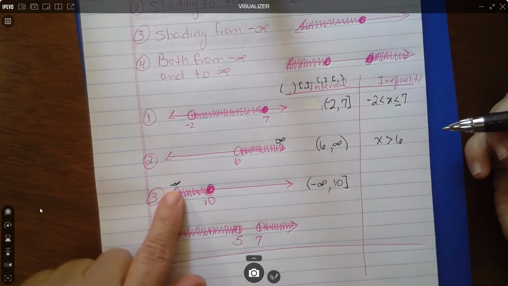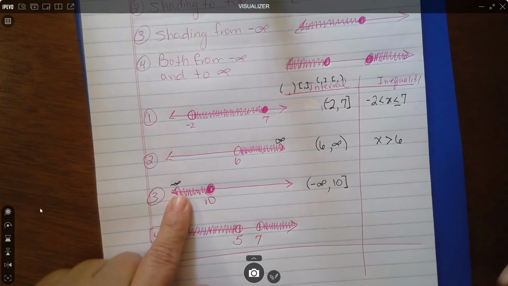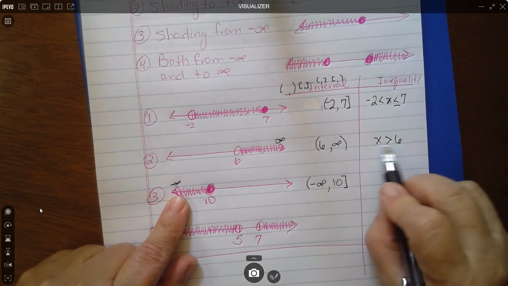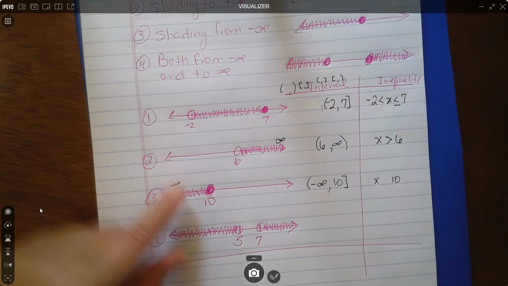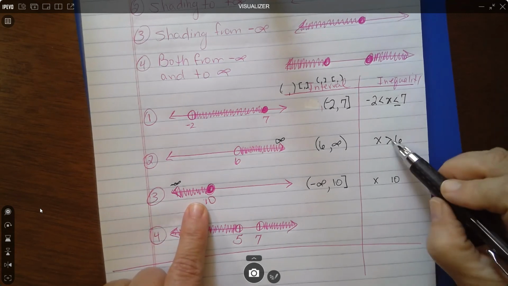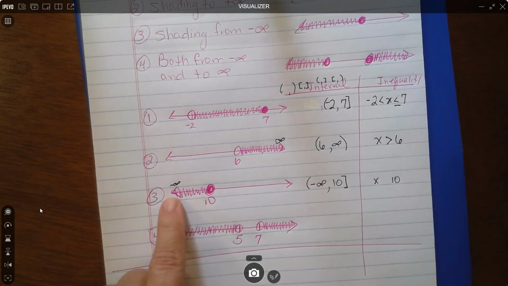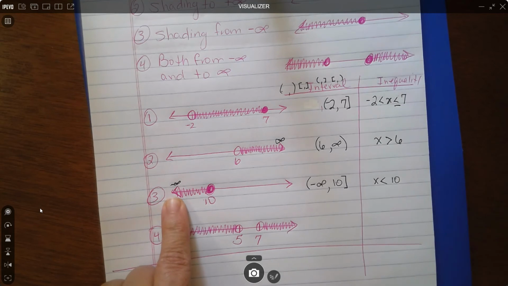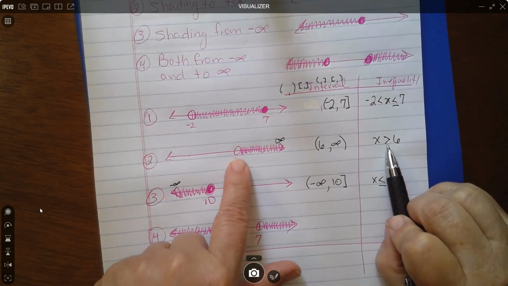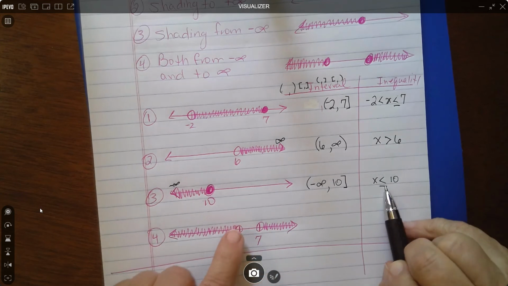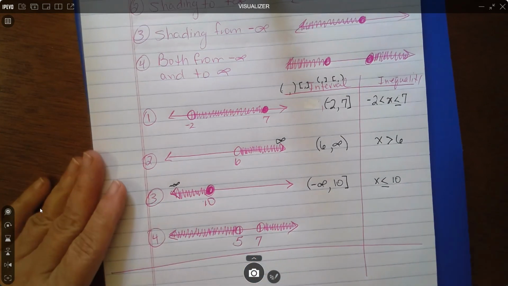Since this is shaded toward negative infinity, we're going to do it just like we did the last one. We're going to put our X and then our 10. And then you use the arrow to tell which way to shade. We shaded to the left, so we point the arrow to the left. Since this one is filled in, we are going to put a bar underneath it. The other one did not get a bar because it was an open circle. This one gets a bar because it's a filled in circle.